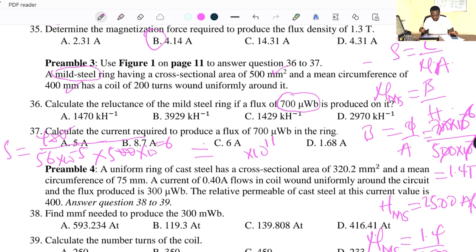Then we have 4 divided by 5.6 times 5, right? So we end up having this times 10 raised to the power 11.